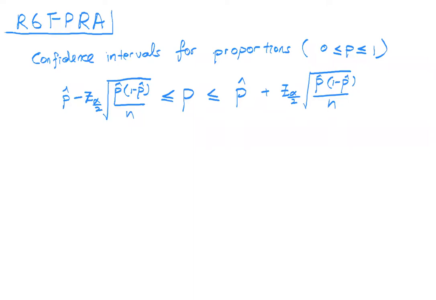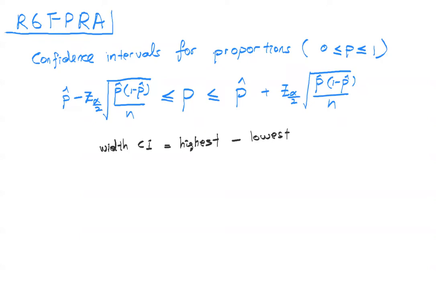We also must know the width of the confidence interval, correct? Always remember the width is the highest minus the lowest.